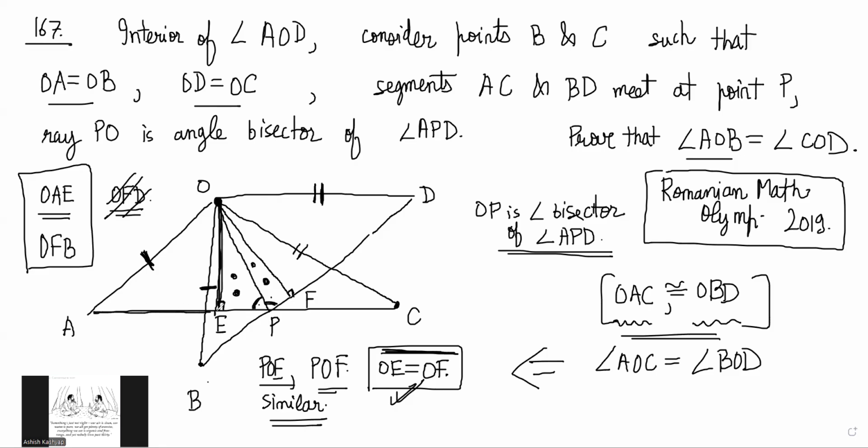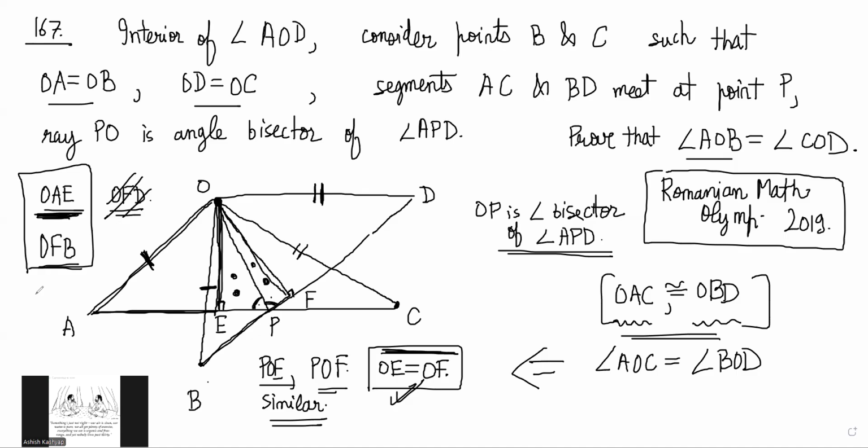Now we are getting from here that this right angle triangle OAE is congruent to OBF, because now we know two sides. OE and OF have come now.